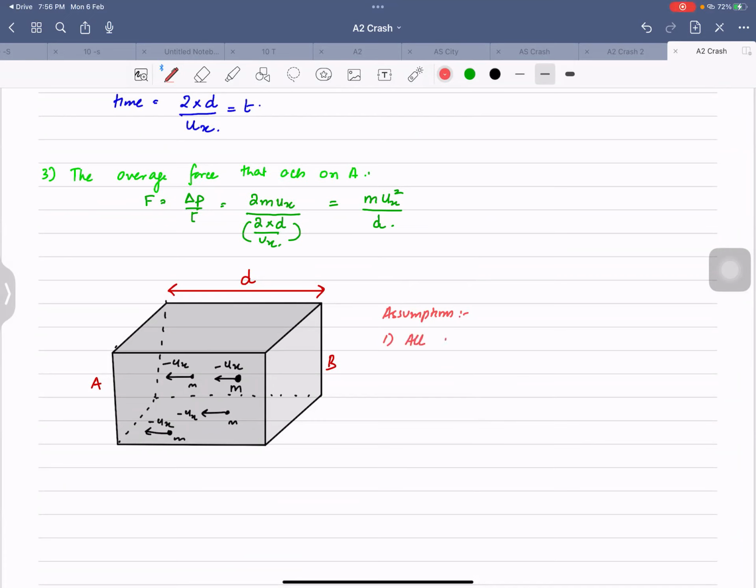We're assuming that all particles hit in the same direction. The other thing is that all particles have the same speed. The third assumption is that there are n particles. So we are writing it like this. Is that clear, everyone?